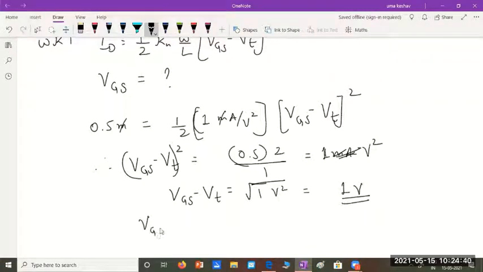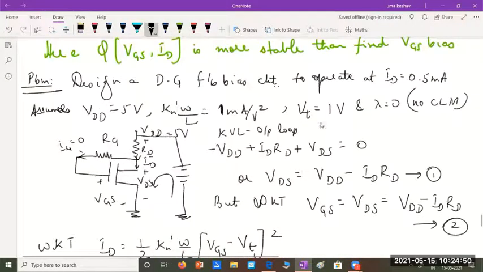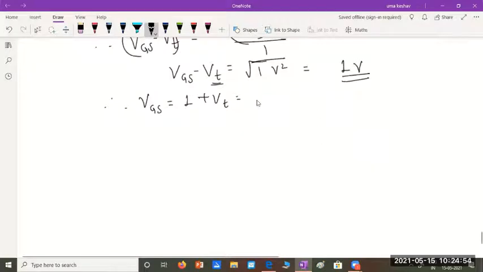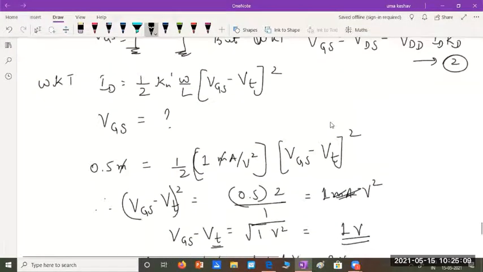Now how do I find VGS? VT is given, right? So 1 plus VT. What was the value of VT? 1 volt. We had taken VT as 1 volt. So you say 1 plus 1 volt, VGS value becomes 2 volts. So in this circuit, for the given values, the gate source voltage VGS is equal to 2 volts.